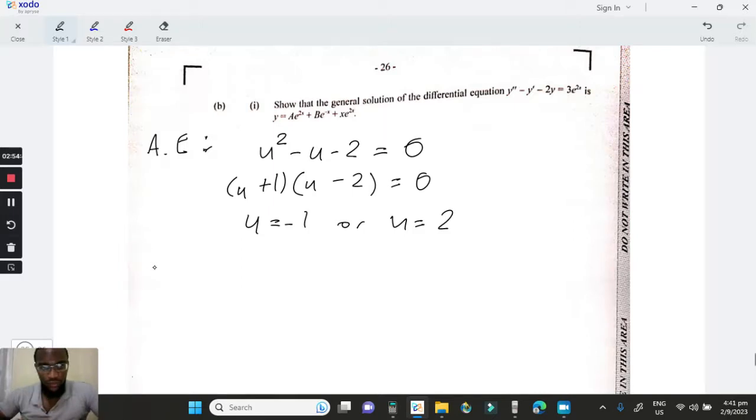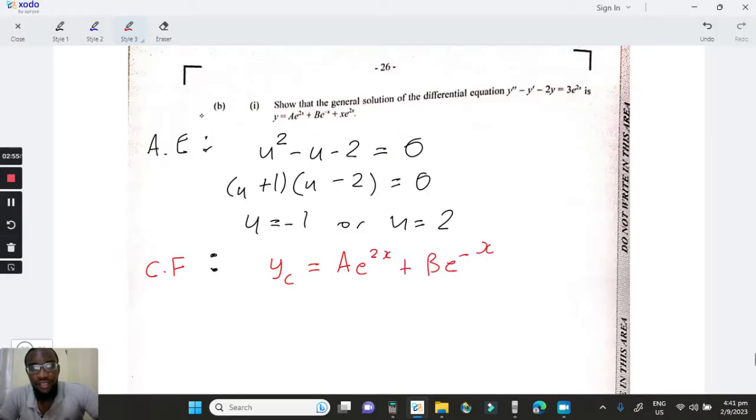In that case now, your general solution, or some people like to say your complementary function, yc, is equal to a e to the 2x plus b e to the minus x. After that, now we need our particular solution.